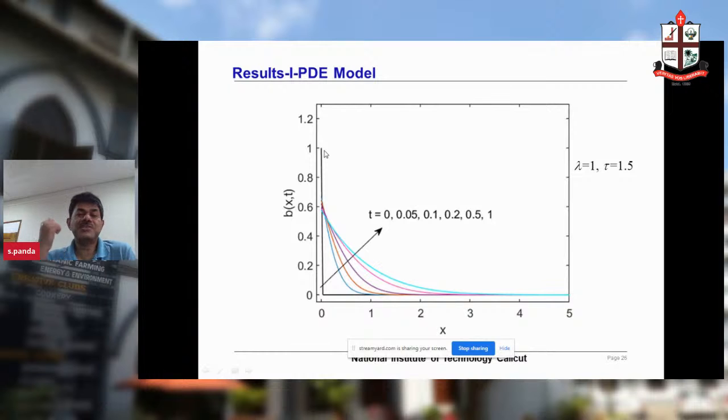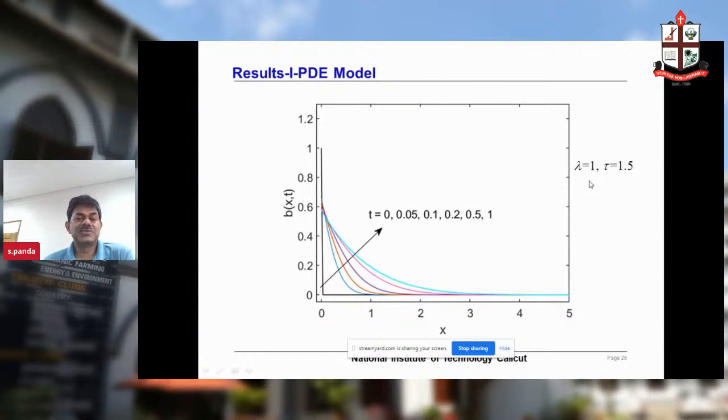And immediately, once I put the chemical agent, the bacteria suddenly start dying, many of them. You see it is now 0.6 close to the surface, they are decaying. But after that, the decay is not so fast. They are exponentially decaying. So with respect to time, with this parameter, my lambda is equal to 1 and tau is equal to 1.5, I saw one phenomenon.